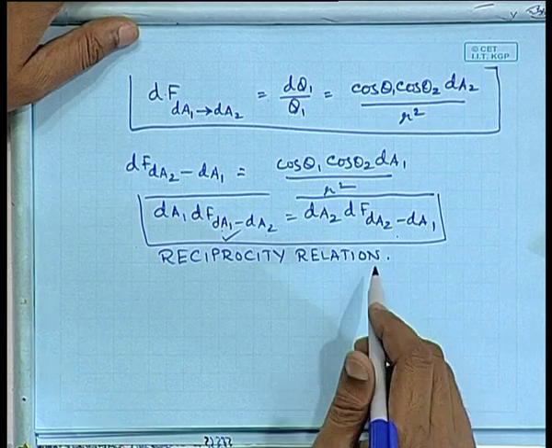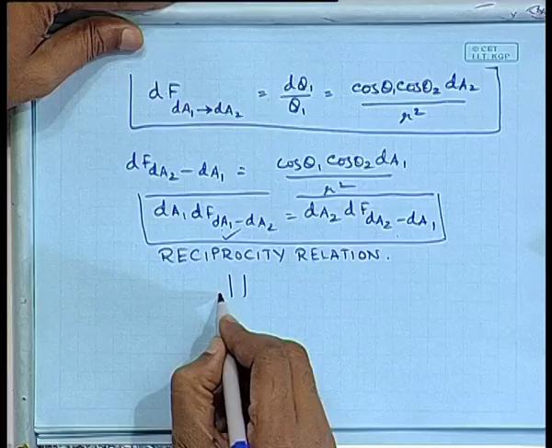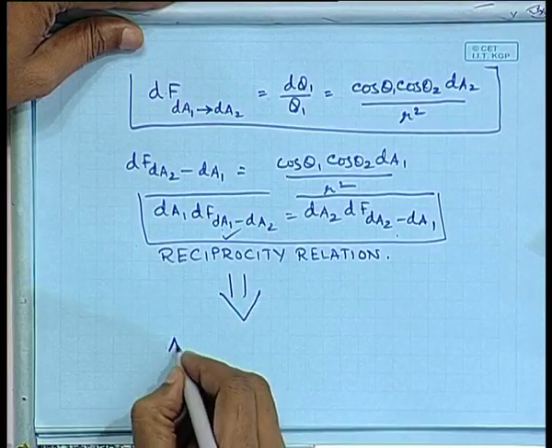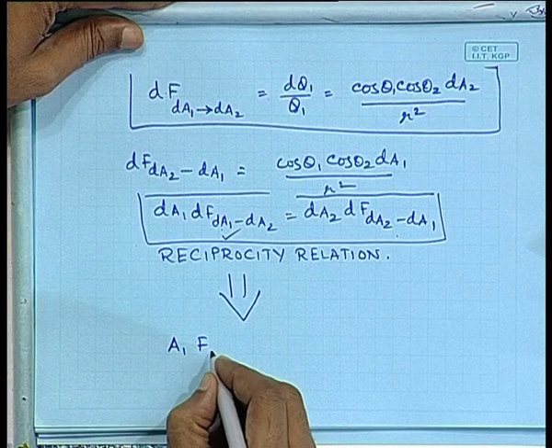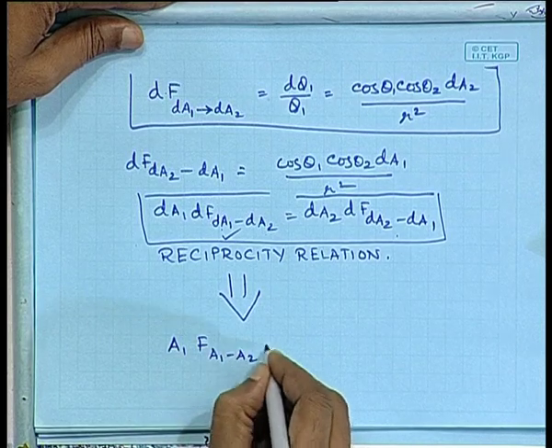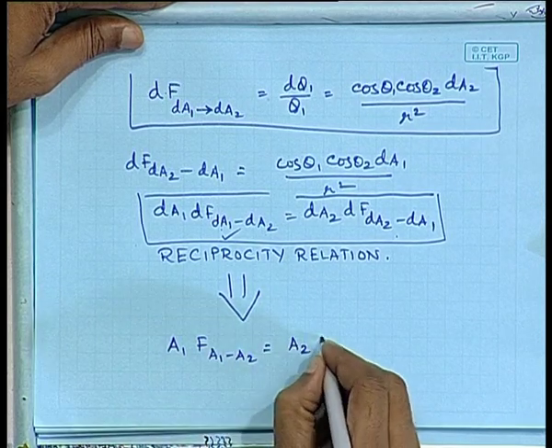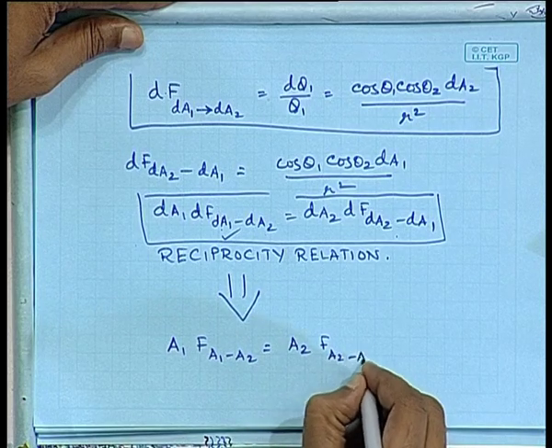Now, these view factors can also be integrated over the entire surface to find out not the elemental view factors, but the overall view factors, like what is the view factor f A1 to A2 or f A2 to A1. I will not do that over here, it is pretty straightforward. The relation for finite areas is A1 f A1 to A2 equal to A2 f A2 to A1.